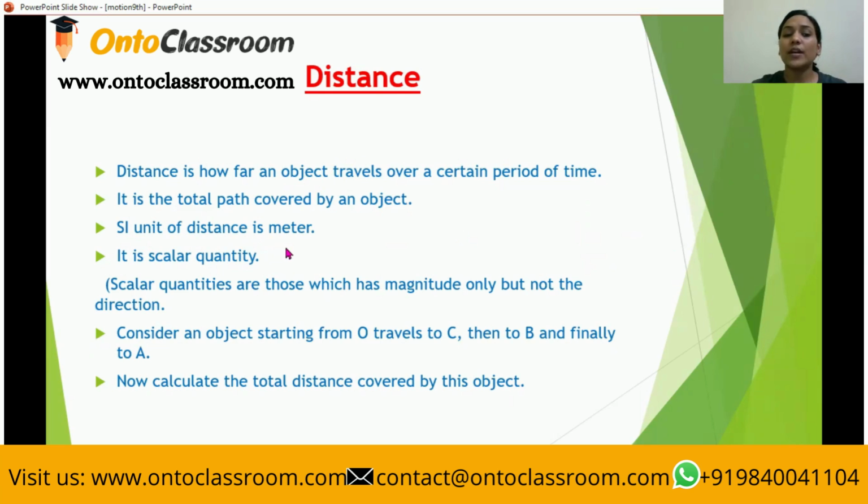Now the SI unit of distance is meter. Now what is an SI unit? SI stands for International System of Units. Every physical quantity can be measured by some units.